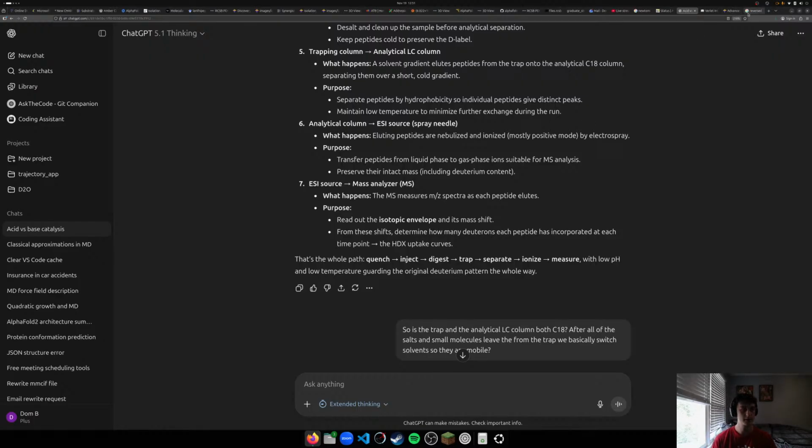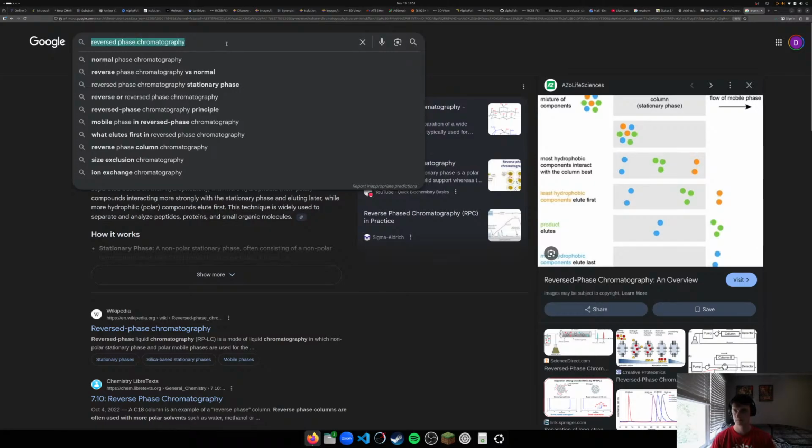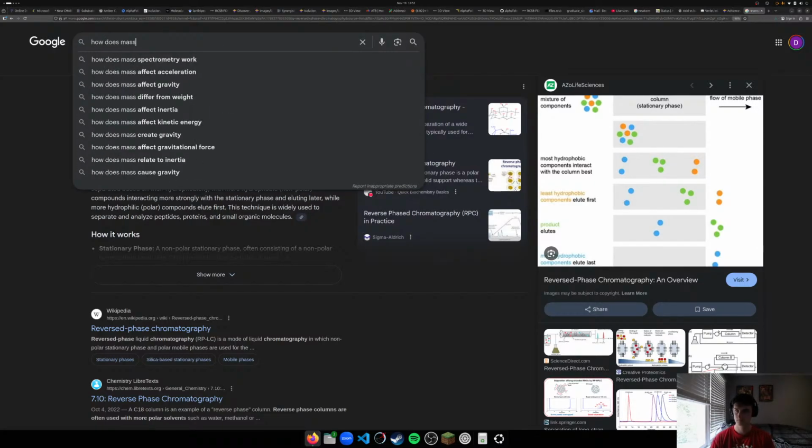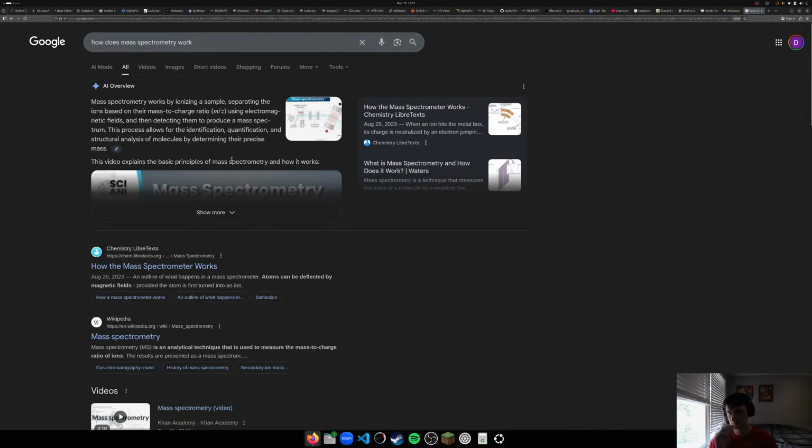So now how does mass spec work? Ionizing a sample, separating the ions using electromagnetic fields, and then detecting them to produce a mass spectrum.